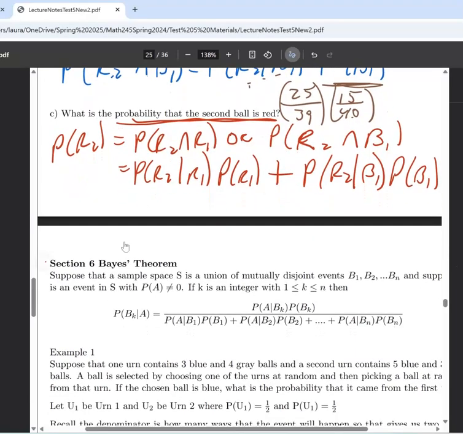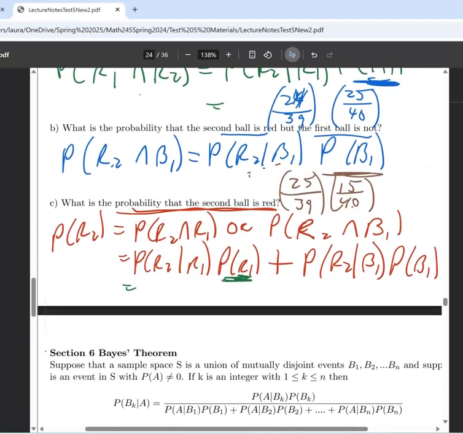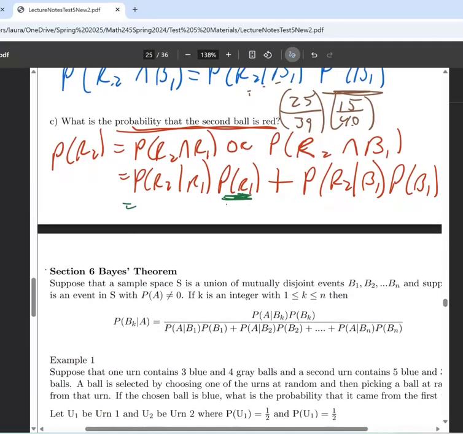All right, so let's flesh that out and what this is meaning. So let's start with this one. Probability that the first one is red. Look at how many reds I've got. I've got 25, right? So this would be 25 divided by 40. And then probability of R2 given R1. I have not put that ball back.